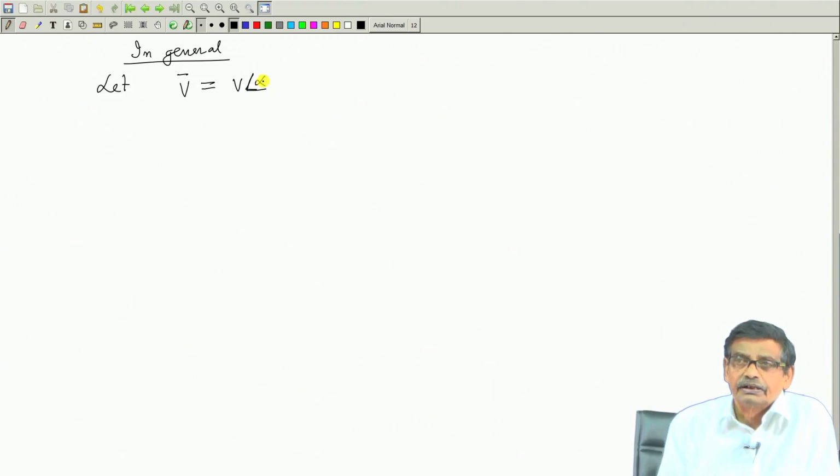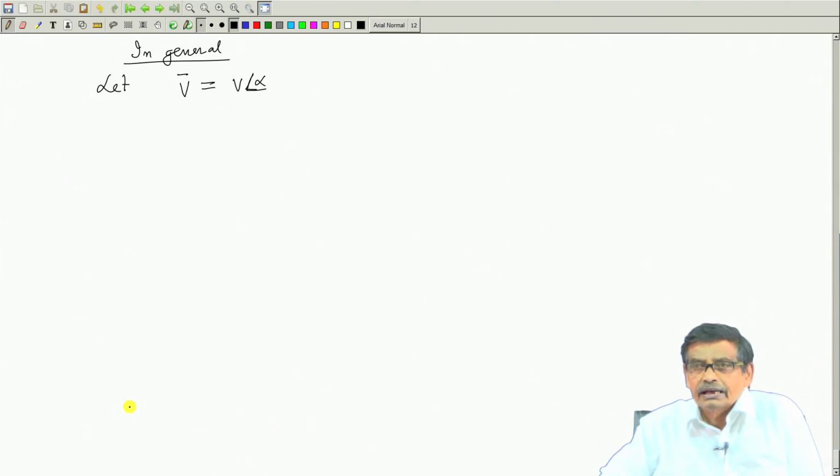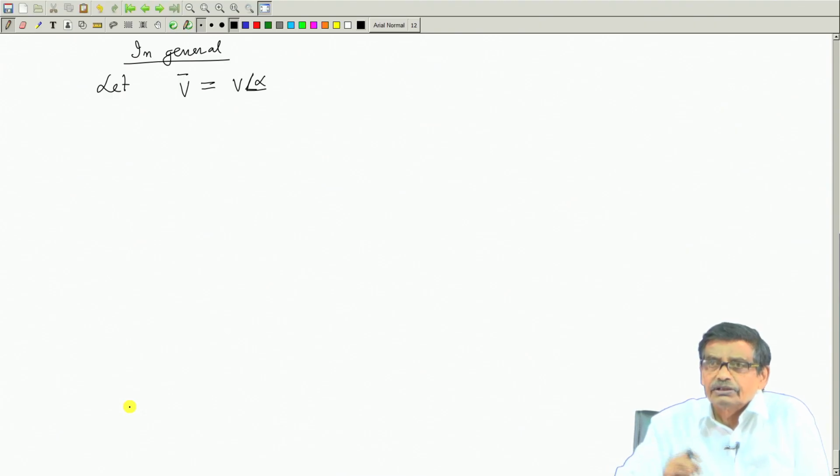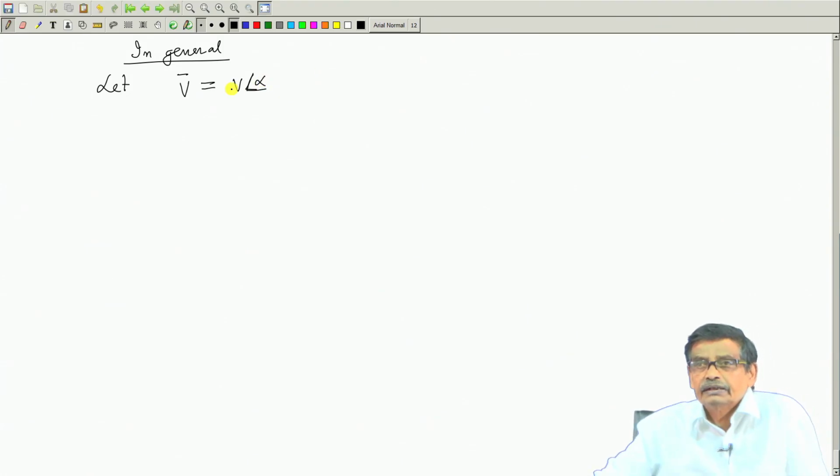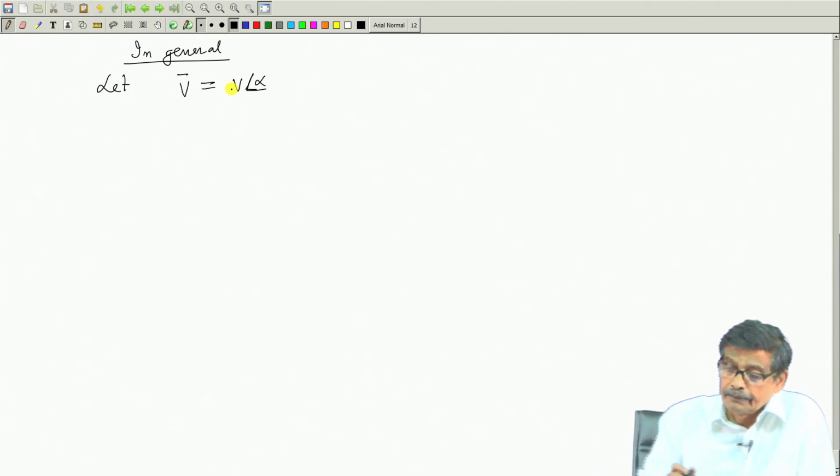It is not 0 degree, that is, I started counting my time when the supply voltage has a value V sin alpha, it was not crossing through 0. We have discussed this.